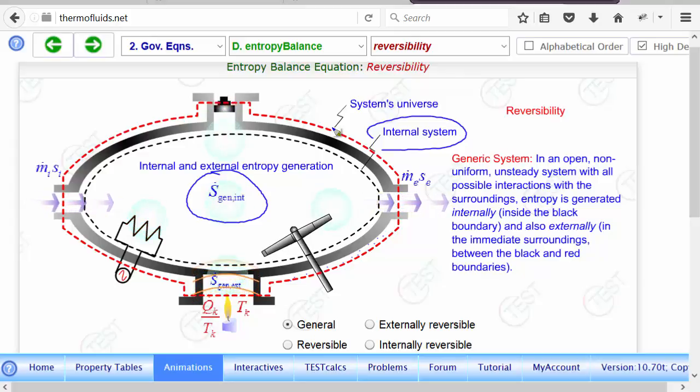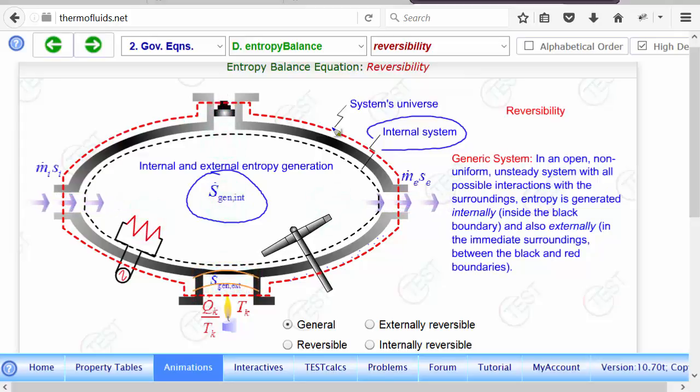So if we want to know the footprint of any natural process in a system, we better look at the system's universe. One reason why entropy generation is so important is that it's like a fingerprint of a natural process. If heat is trying to destroy a temperature difference, or physical friction is trying to destroy a velocity difference, this phenomenon produces entropy.